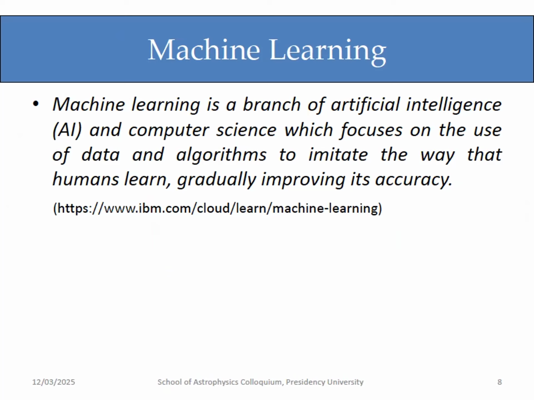So machine learning is a branch of artificial intelligence and computer science which focuses on the use of data and algorithms to imitate the way that humans learn. This is the main thing. The way humans learn, we try to make a machine learn. So that's why it's machine learning.